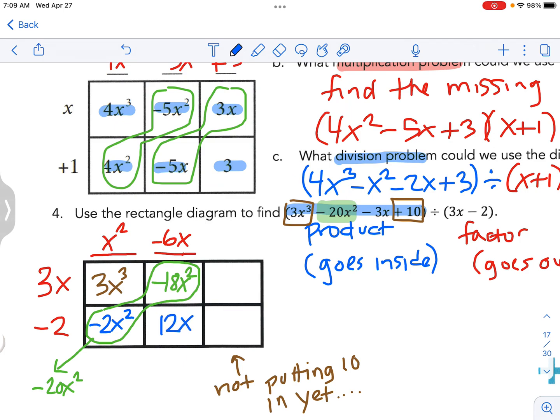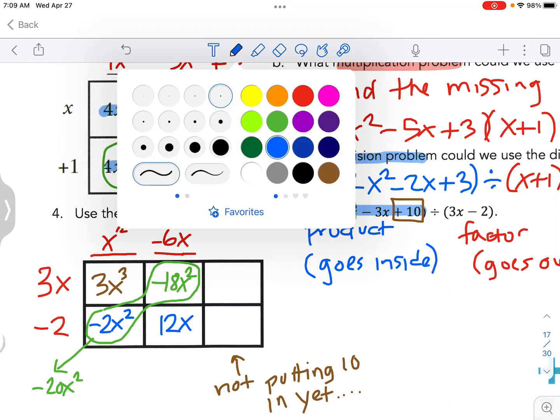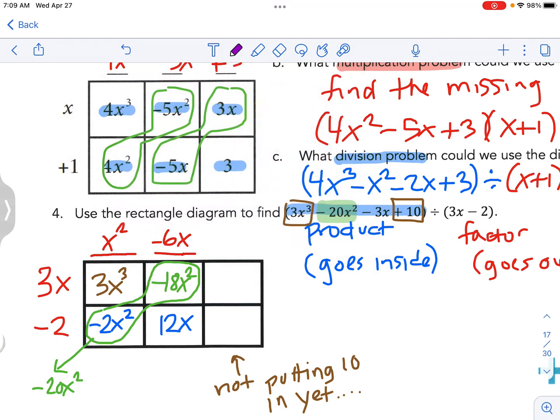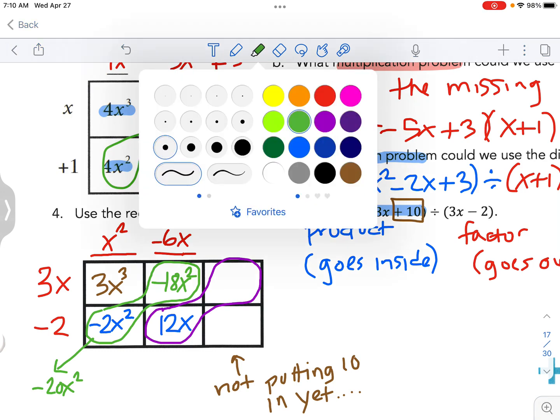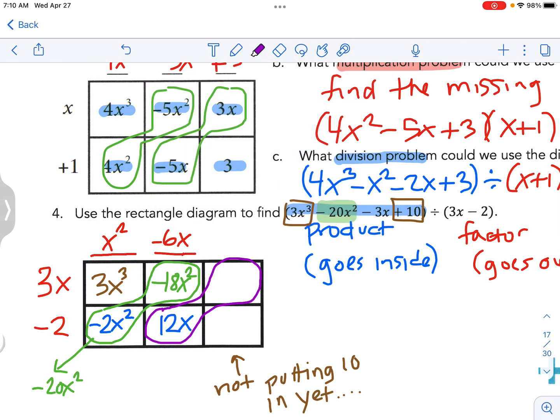I'm running out of colors. Let's see, I think I'll do purple. So I know now that these two boxes are like terms. Between these two boxes, I've got to make that x term in my product, which is right here. So I've got to make a negative 3x.